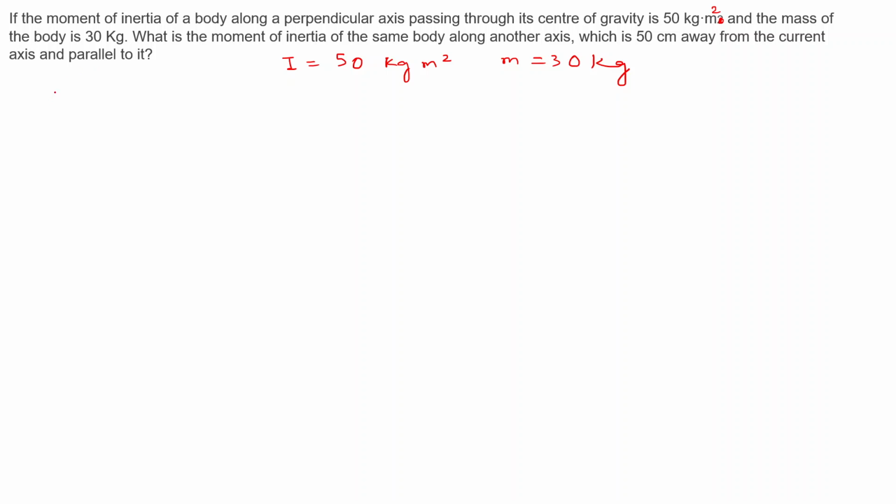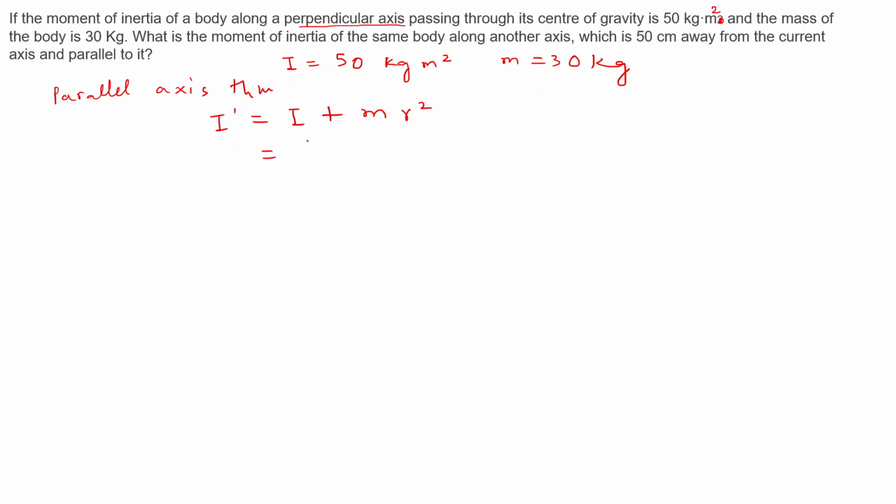So directly from the parallel axis theorem, we understand, because this was also corresponding to the perpendicular axis passing through the center of gravity, now the new one is from the parallel axis theorem. The new one will be this I plus this, and the distance between the two axes.